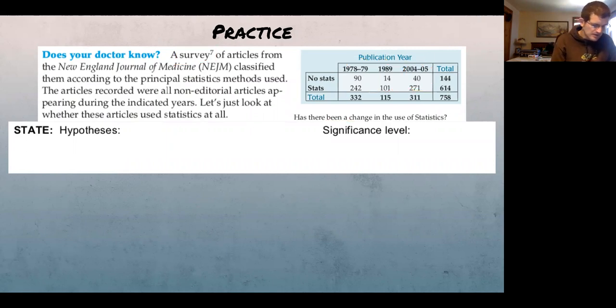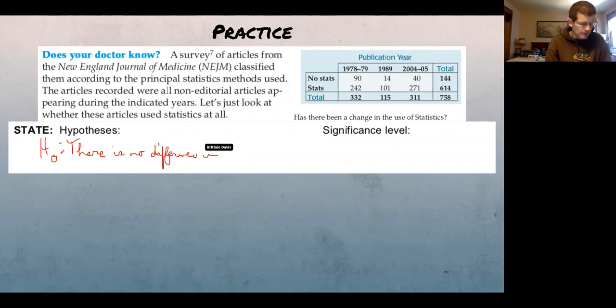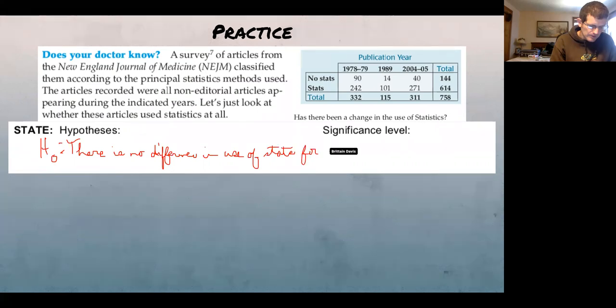My null hypothesis is that there is no difference in, I'll put in some context on this one just to be more thorough, there's no difference in use of statistics for these 3 samples.